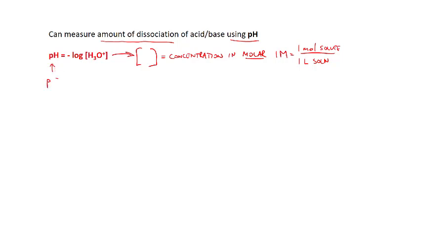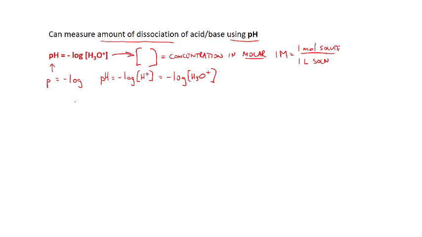This lowercase p you can think of as minus the log of. So pH is negative log of our H+ concentration, but as we said before, we never have free-floating H+. It's always going to get picked up by water. So we define it as negative log of H3O+ concentration.